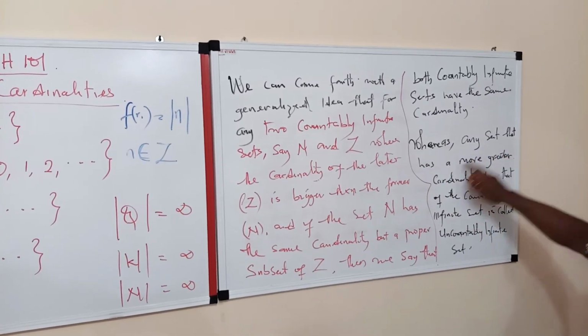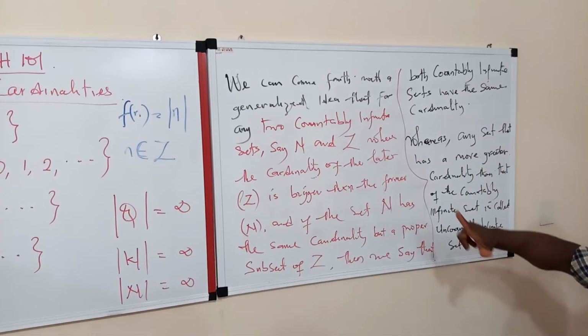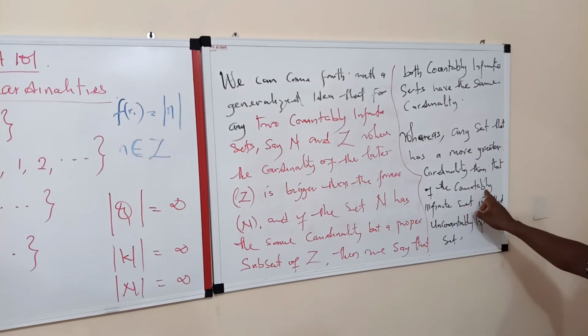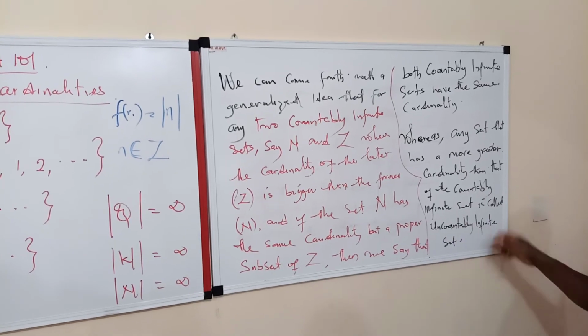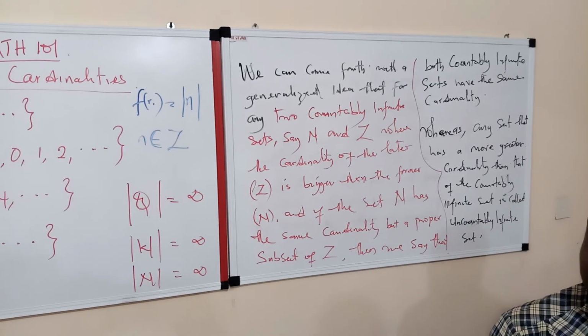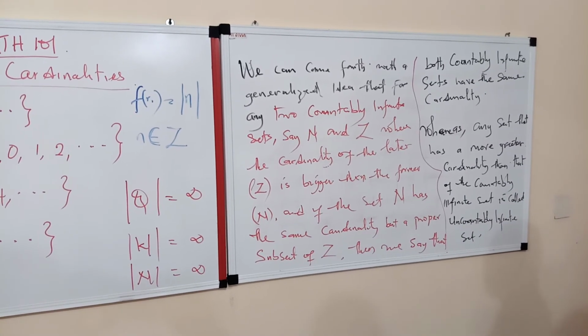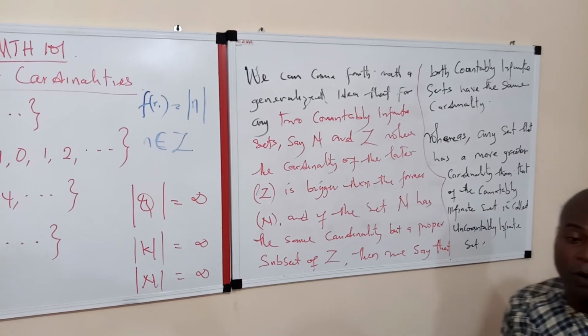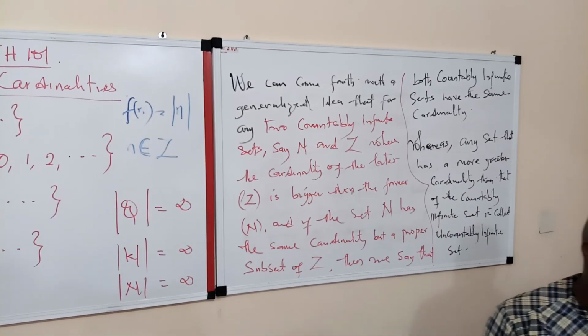Whereas for any set that has a greater cardinality, such a set is called an uncountably infinite set.